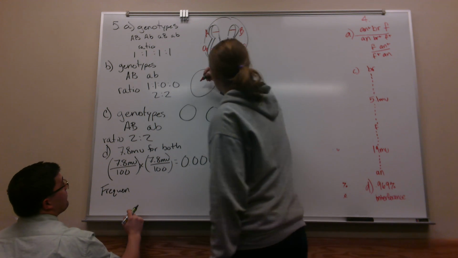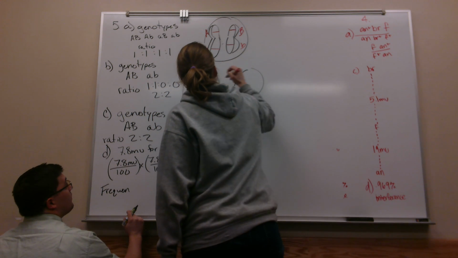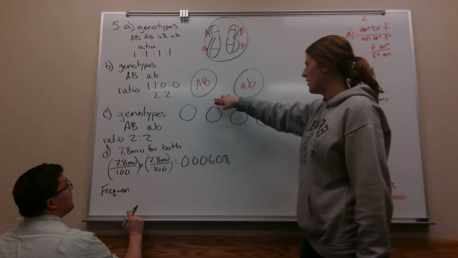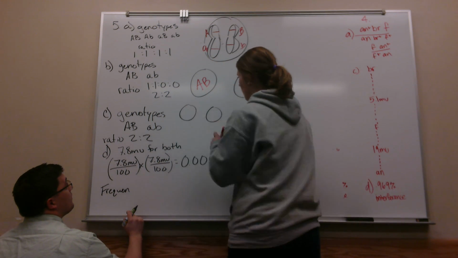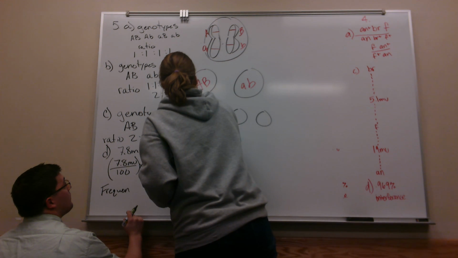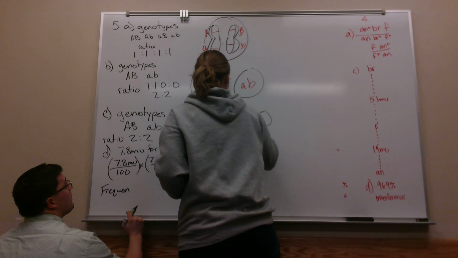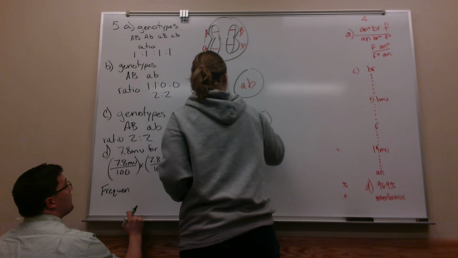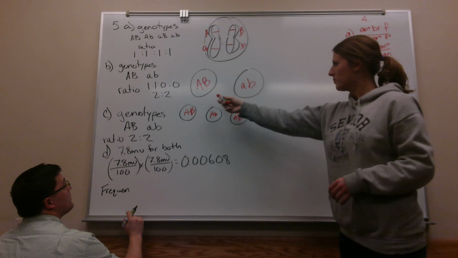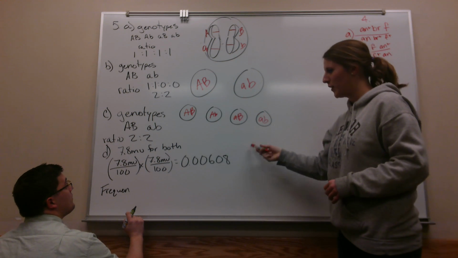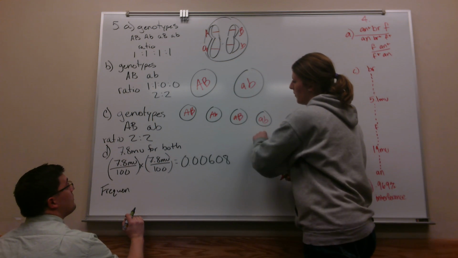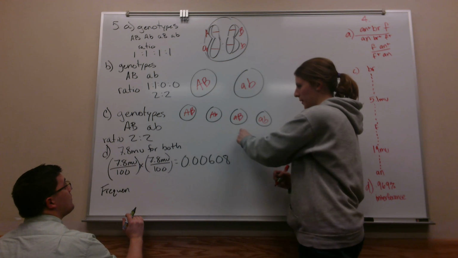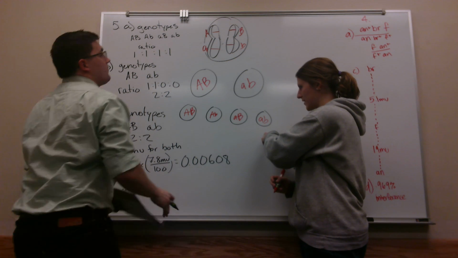When you go through meiosis 1, you'll get these, and then when you combine them, you'll get A and then B. So when you go through meiosis 2 again, you will end up getting all 4: capital A, capital B; capital A, lowercase b; lowercase a, capital B; lowercase a, lowercase b.